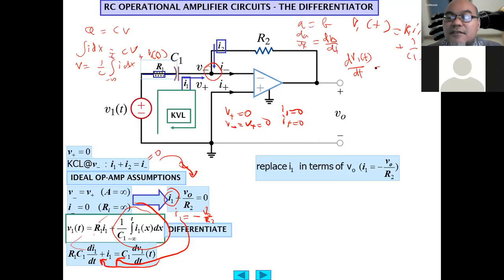So the differentiation of the terms on the right hand side becomes d(R1 I1)/dt. Since R1 is constant, we can take it out of the differentiation, so it becomes R1 dI1/dt.